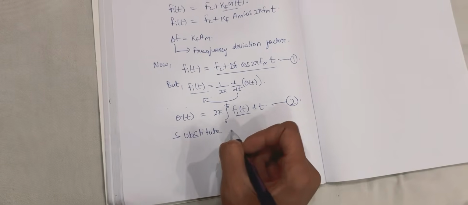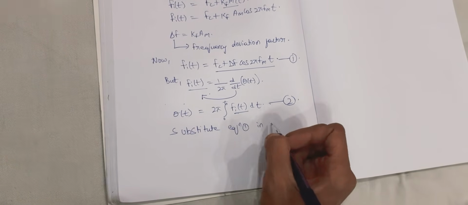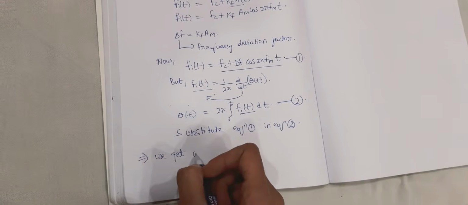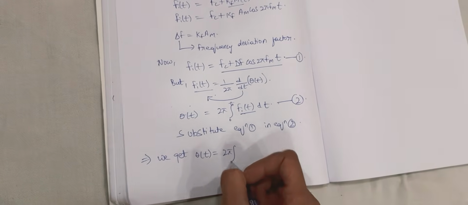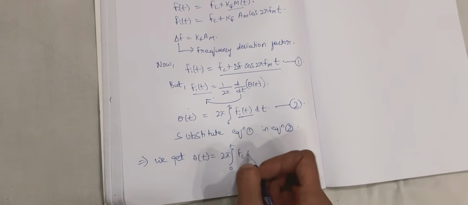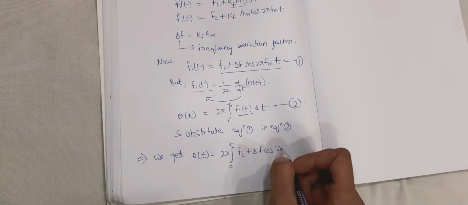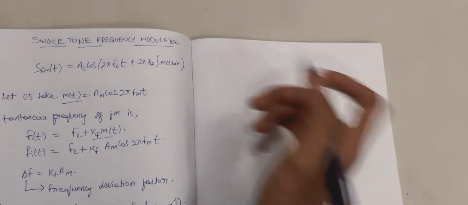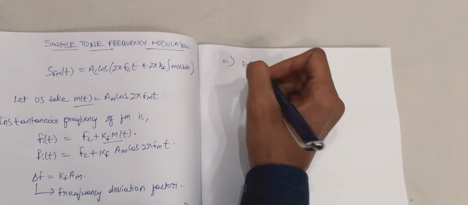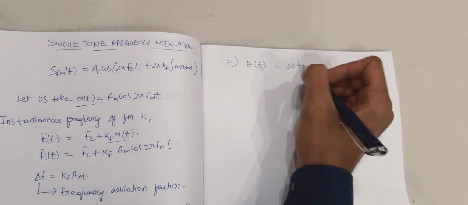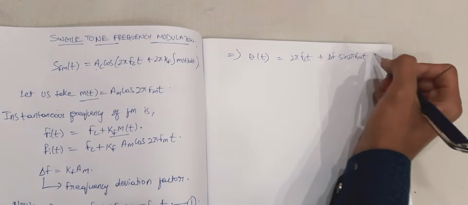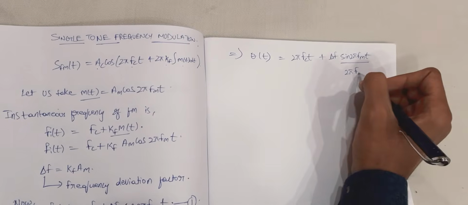Substitute equation 1 in equation 2. That implies theta(t) equals 2 pi integration from 0 to t of (fc plus delta f cos(2 pi fm t)) dt. Solving this integration, we get theta(t) equals 2 pi fc t plus delta f sin(2 pi fm t) by 2 pi fm into 2 pi.